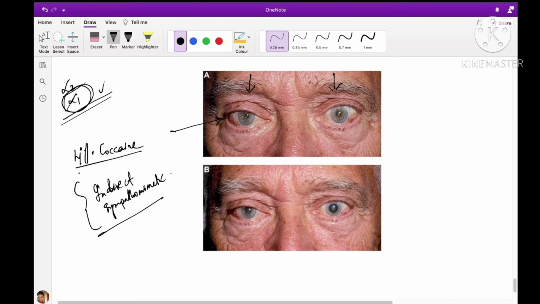Now in case of cocaine, it's an indirect sympathomimetic. At the end of the third order neuron, normally noradrenaline is released, so cocaine will block the reuptake. The noradrenaline will be accumulating in the synapse, right? That is the role of cocaine.